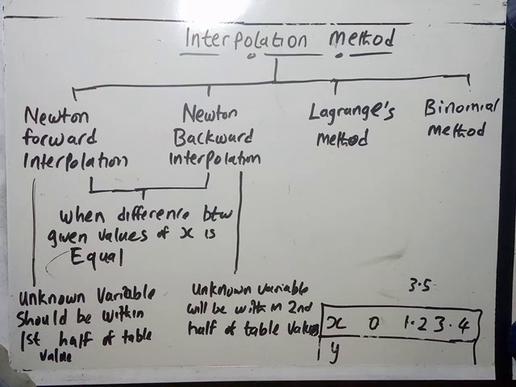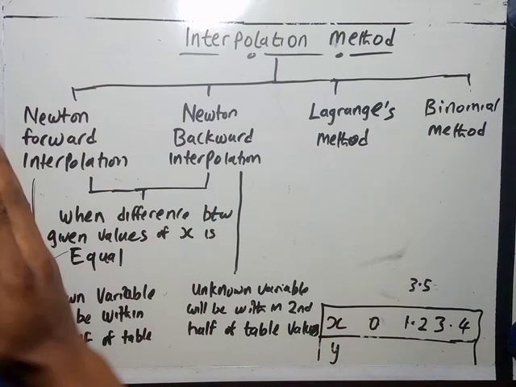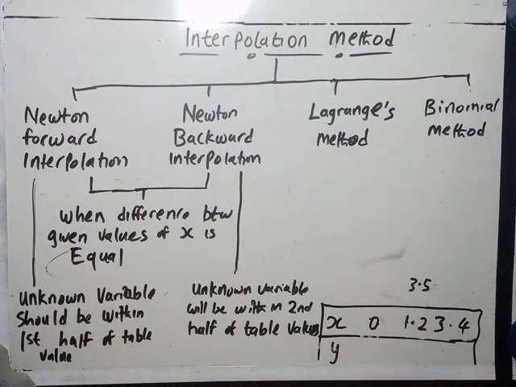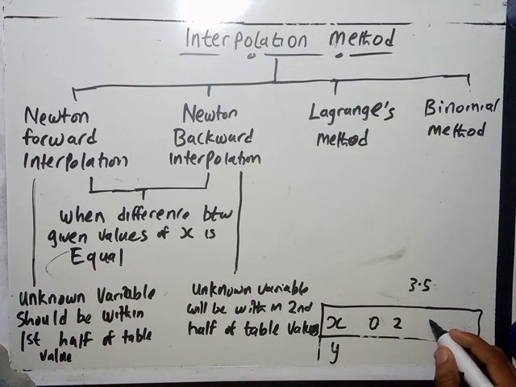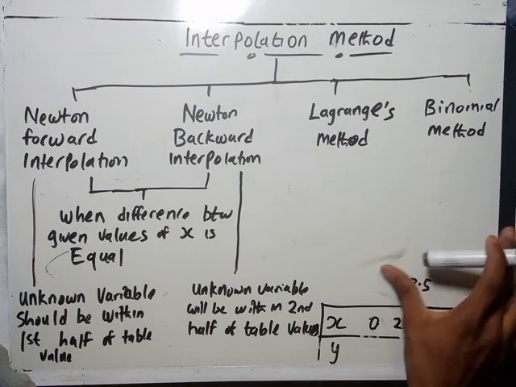And you might ask, what if the number of x values given to us is even, and maybe you're asked to find the one at the center? In that case, either Newton forward or Newton backward method will work for you. What I mean is this. For instance, let's say this is how our table is. Here is 2, 4, and 6.